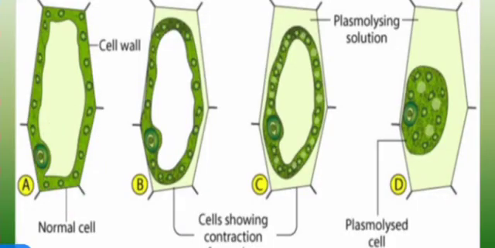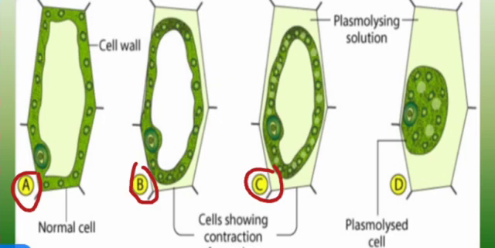In this picture, you can observe a normal cell. When the normal cell is immersed in hypertonic solution, it shows contraction of the cytoplasm. In this picture, you can observe these cells showing that contraction has begun.